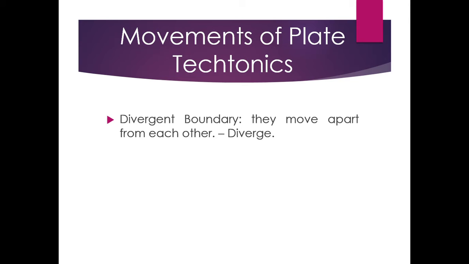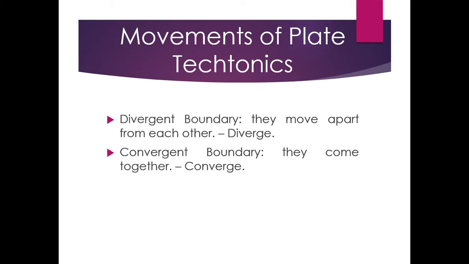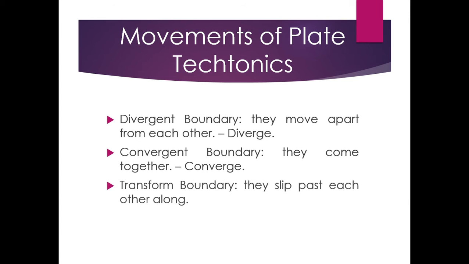That means that they move apart from each other, or, as we summarize it with another word, they diverge. We have convergent boundary. It means that they come together, or, in other words, they converge. And lastly, we have transform boundary, and it means that they slip past each other along.